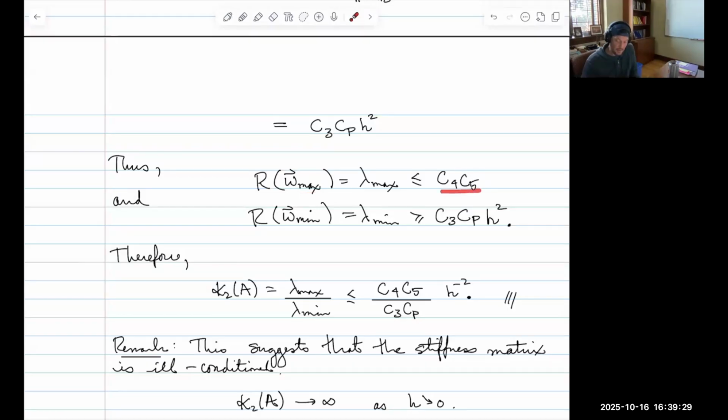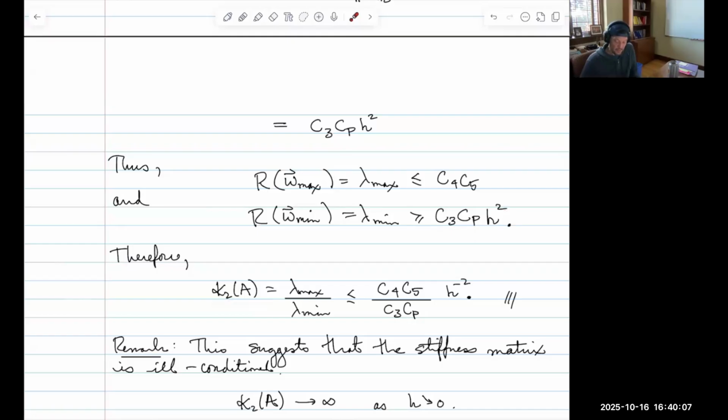So this gives an upper bound on lambda max. The smallest value that the Rayleigh quotient can take is given by inputting the eigenvector associated with the minimum eigenvalue. This, of course, is a positive number, because a symmetric positive definite matrix always has positive eigenvalues. But now I have a lower bound on the Rayleigh quotient for any vector, and that's C3 C_P h squared. So let's put this together.